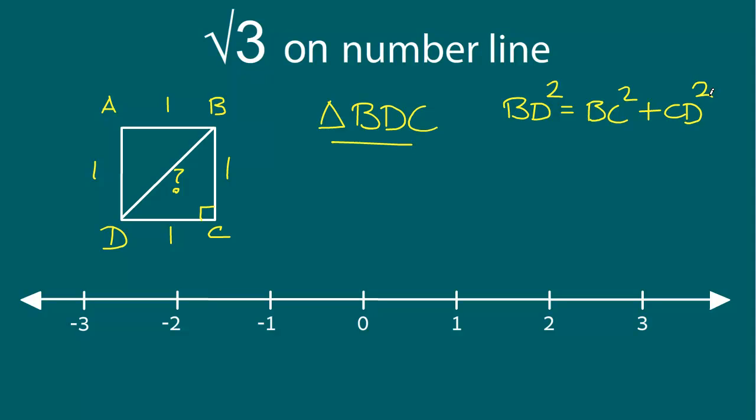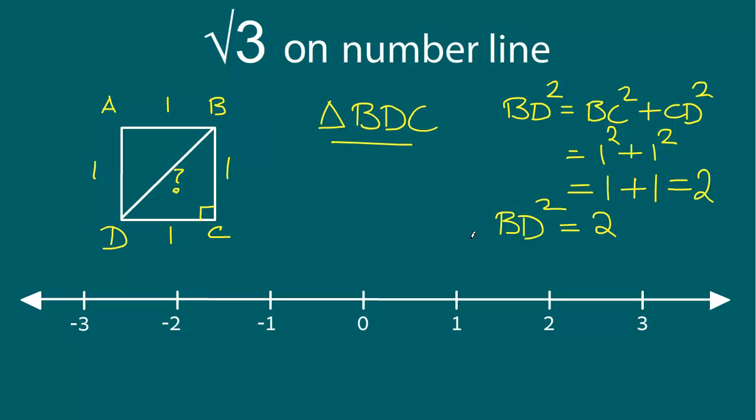Now, why is that? Pythagoras theorem states that the hypotenuse square is equal to sum of squares of the other two sides. Now, BC is given as 1, so this will be 1 square, and CD is given as 1, so 1 square. 1 square is 1 plus 1 square is 1, so this is equal to 2. So we have BD square is equal to 2.